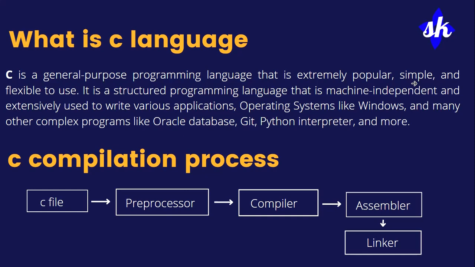Now that is done, we also need to know how the C code is compiled, or how our C source file is compiled. Now when you write your code in a file and then you compile it, there are basically 4 stages that your C file actually passes through.